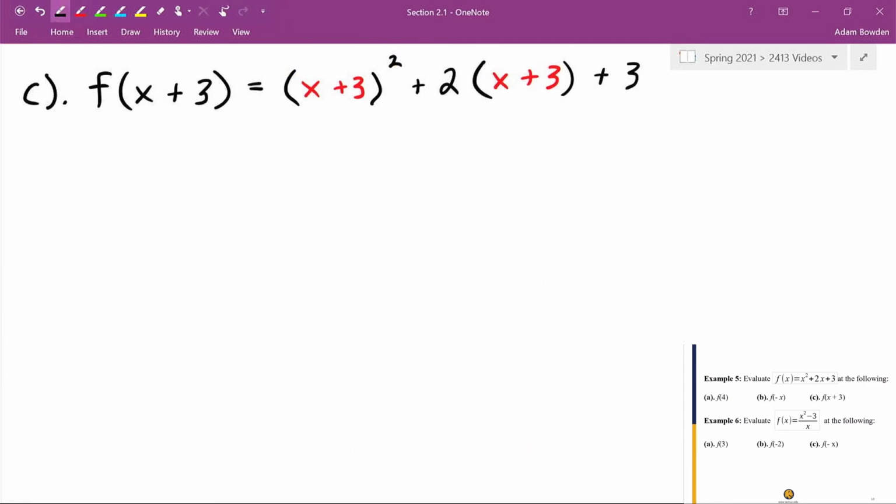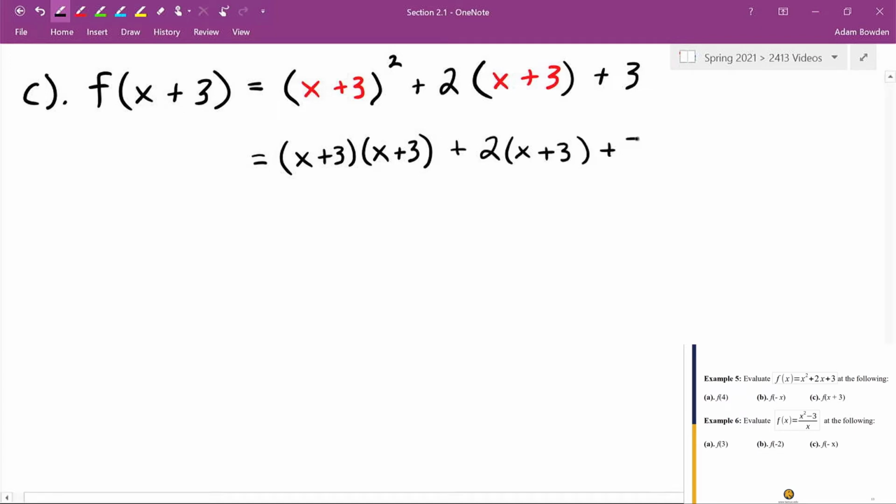Now to do the algebra here, we have to expand the x plus 3 raised to the second power. X plus 3 raised to the second power would be the same thing as x plus 3 times itself. So that would be x plus 3 times x plus 3. So let's go ahead and write it like that. Okay. Now to multiply x plus 3 times x plus 3, we're going to have to FOIL.